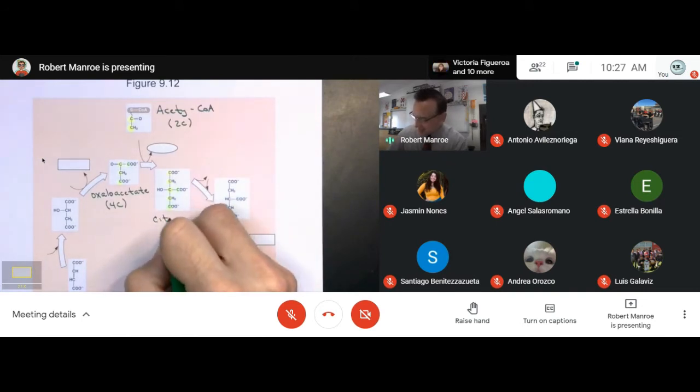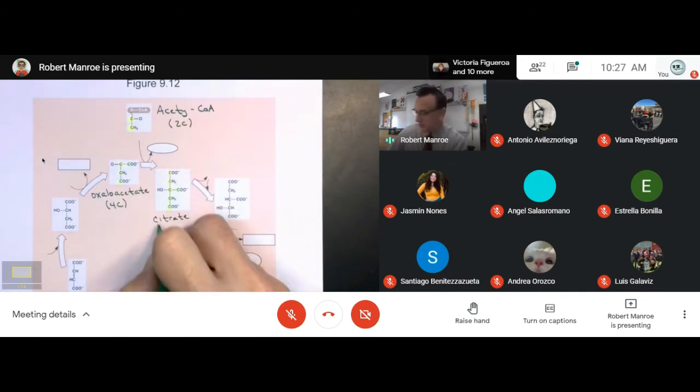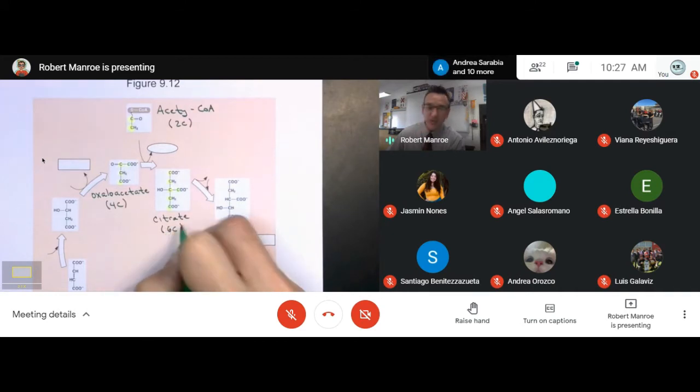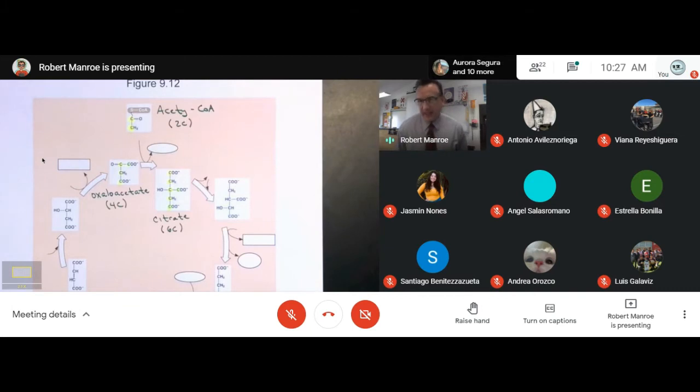And this compound is called citrate. Some of your professors will refer to this as citric acid because it ionizes in water, and so fine. And some people even call this the citric acid cycle, or TCA.